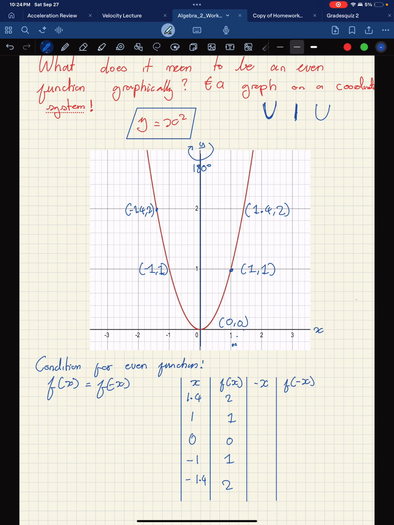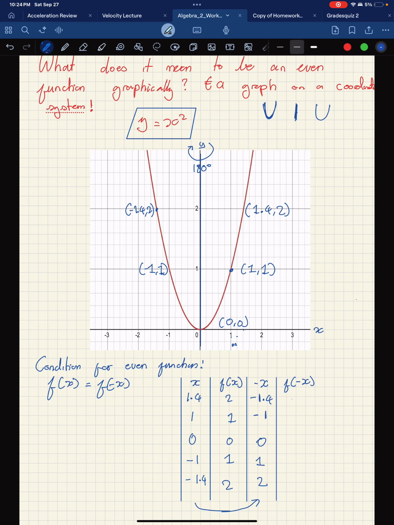So now let's multiply all our x values by -1. So it's going to be minus 1.4, minus 1, 0, and then 1, 2. You see, I'm just getting these values here, and then multiplying them by -1.